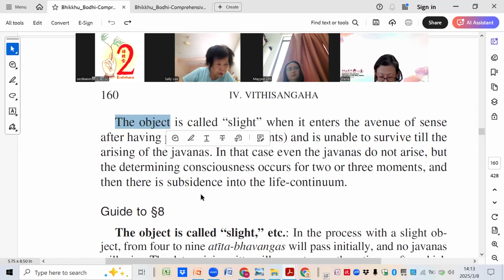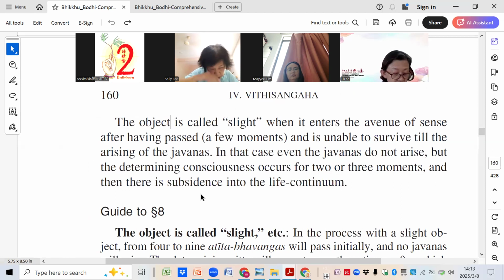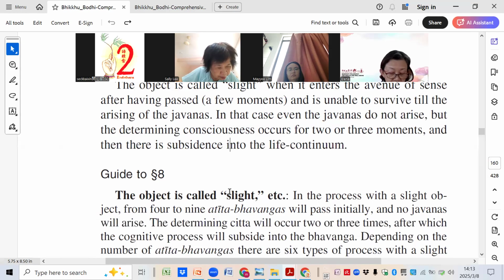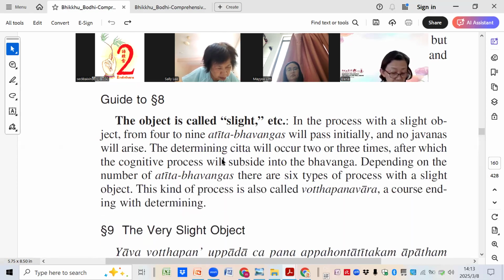The slight object. The object is called slight when it enters the avenue of sense after having passed a few moments and is unable to survive till the arising of the jhanas. In that case, even the jhanas do not arise, but the determining consciousness occurs for 2 or 3 moments, and then there is subsistence in the life continuum.